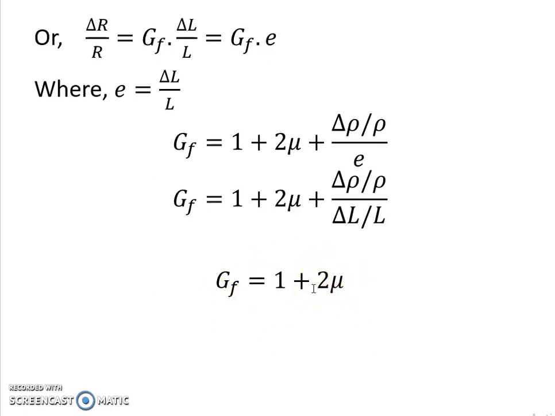Therefore, knowing the value of the gauge factor, the strain in the material can be directly calculated from the change in the resistance. This is the importance of the gauge factor. If the gauge factor is known, we can easily find the strain in the material due to change in the resistance.